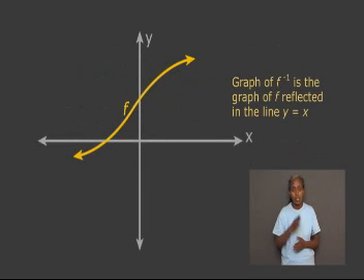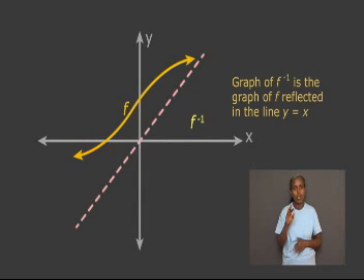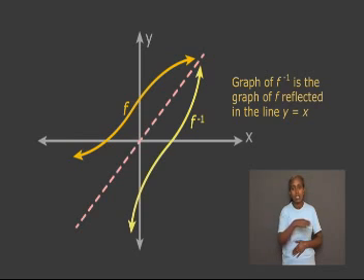The graph of the inverse of f is obtained by reflecting the graph of f in the line y equals x. Because all trigonometric functions are periodic, each range value can be associated with an infinite number of domain values.